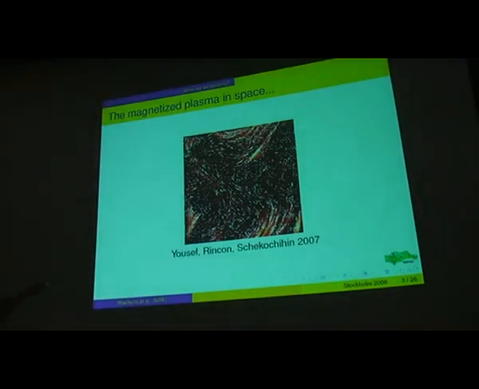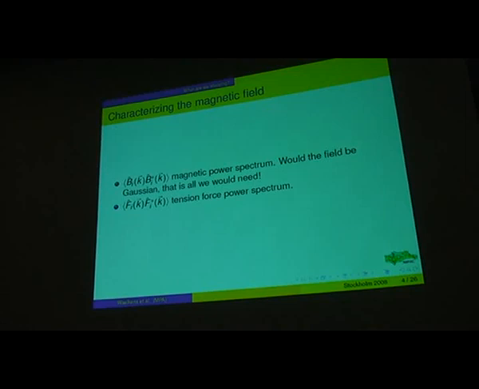But you see these sheet-like structures, which most of you who do simulations know is what you expect. Then this is definitely not Gaussian, so this is not sufficient. Of course, there are several other possible statistical ways of analyzing this map, but what I'm going to talk to you about is the tension force power spectrum.